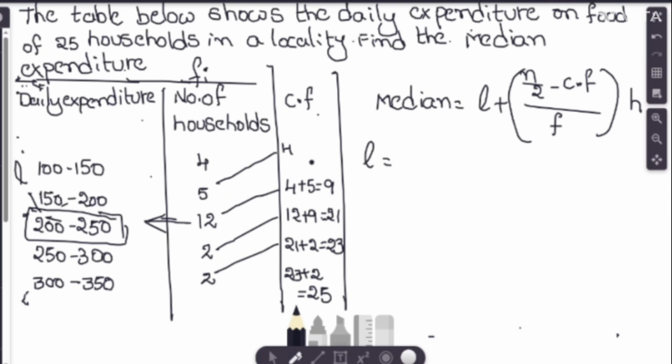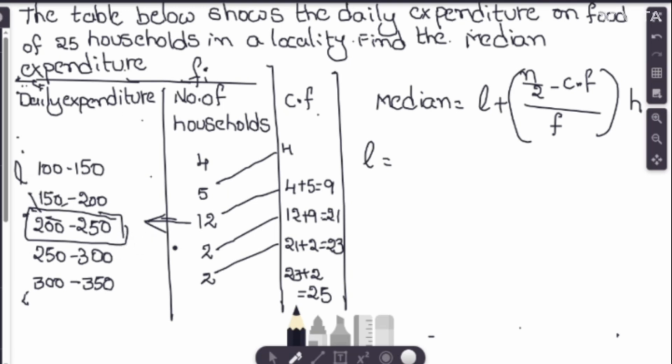In the frequency column, which is the greatest frequency? 12. The class interval corresponding to 12 is the median class interval. That is the L value, lower boundary.